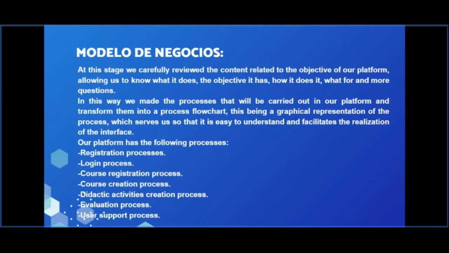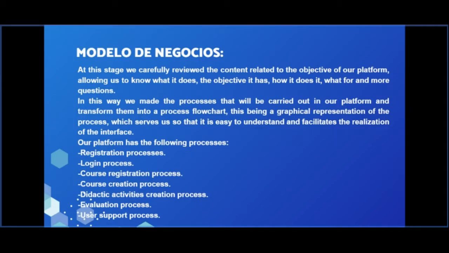Deployment. At this stage, we carefully review the content related to the objective of our platform, allowing us to know what it does, the objects it has, how it does it, why, and more questions.